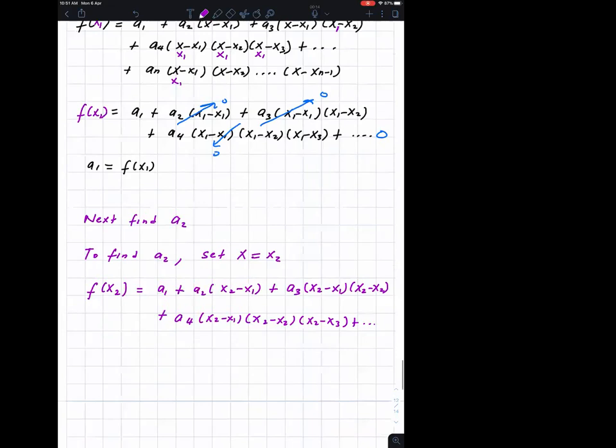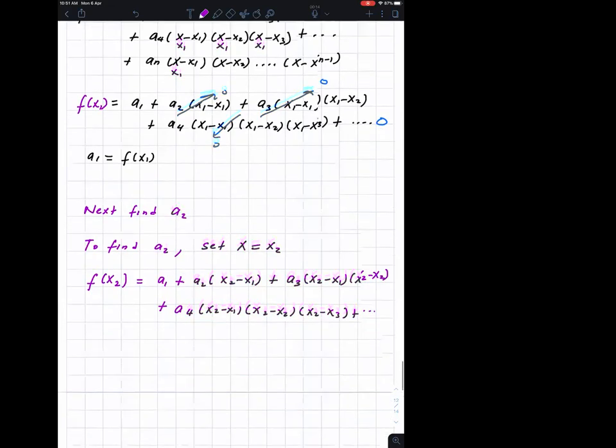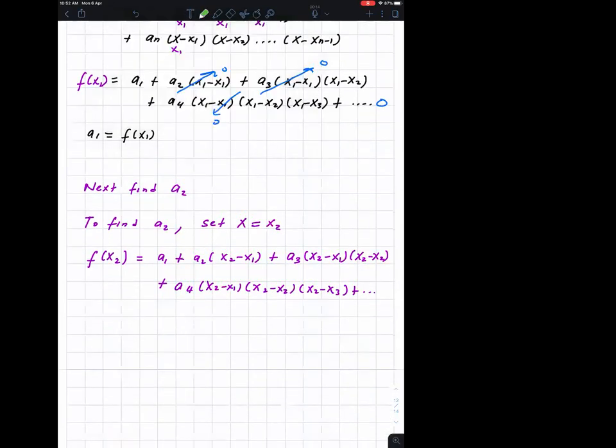Now again, you can see some terms here will go to 0 because wherever there's x2 minus x2, this is going to 0, right? So if you continue with this equation, all the rest after the A2 is going to go to 0.